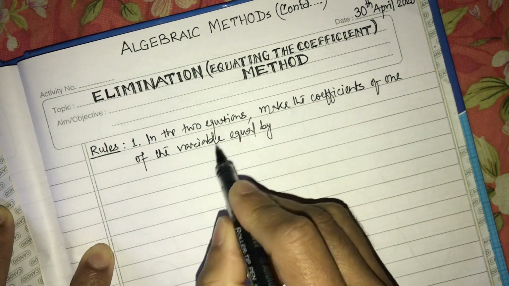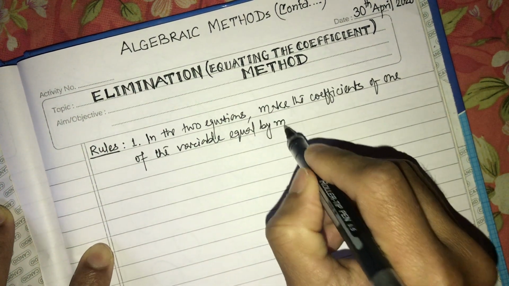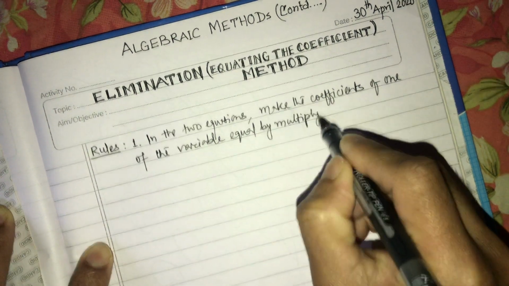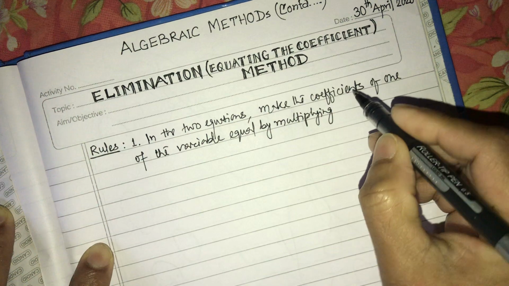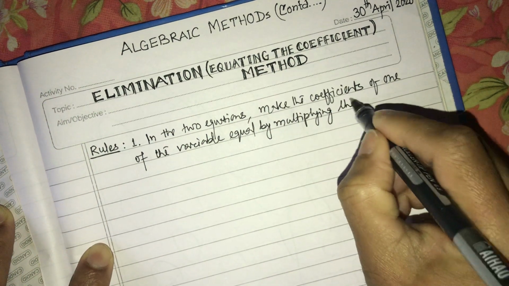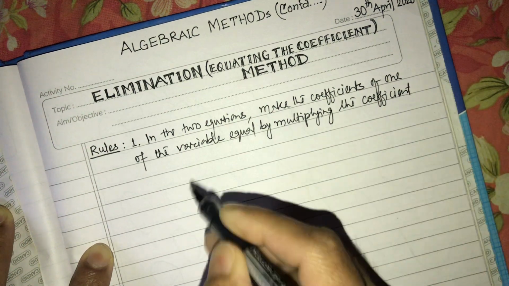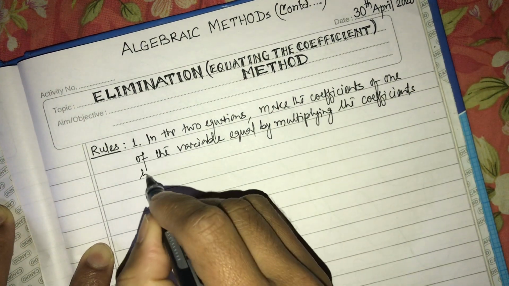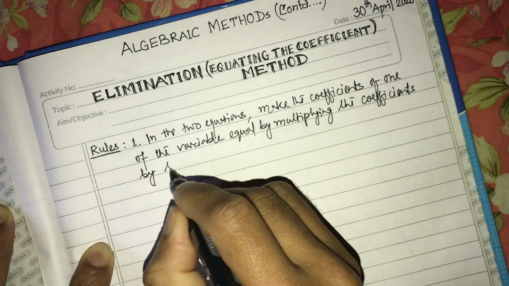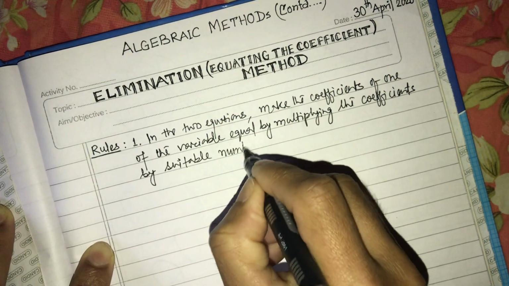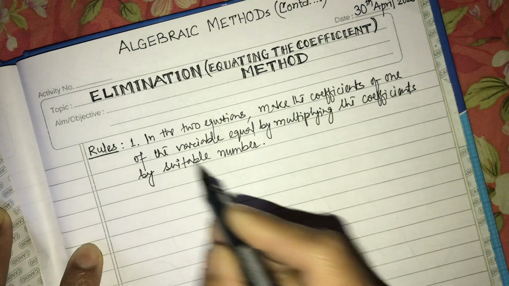So how do we make them equal? By multiplying the coefficients by a suitable number. So this is our first rule.